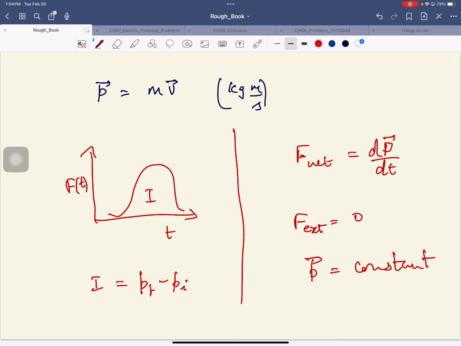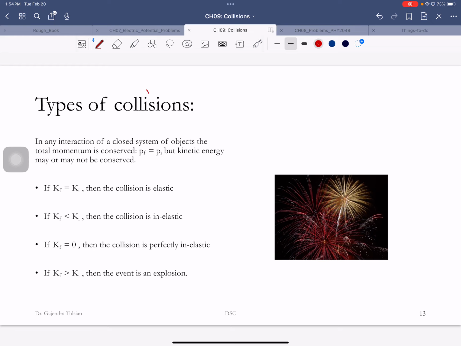Okay, now we'll switch gears and we'll talk about collisions. Any questions so far? Yeah, you guys understanding this? All right, now we'll study collisions.